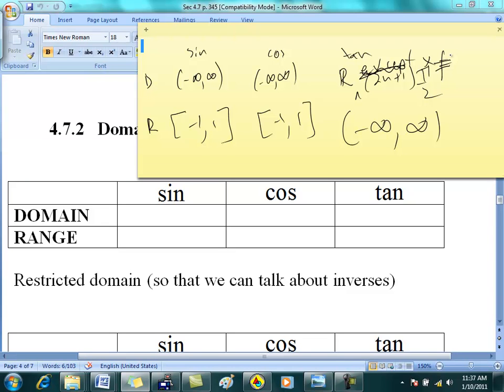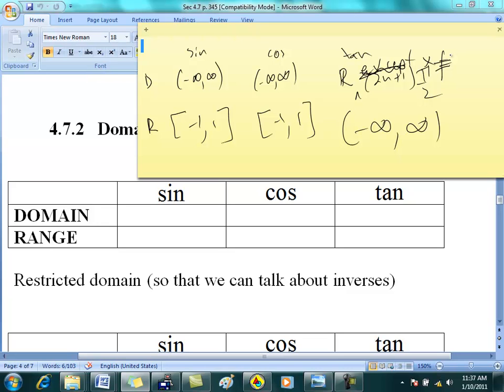Alright, so we agreed that we need to restrict the domain in order to get the inverse. Why do we need to do that? No, it would be a function, but it would not be... What's the right technical term for a function to have an inverse?